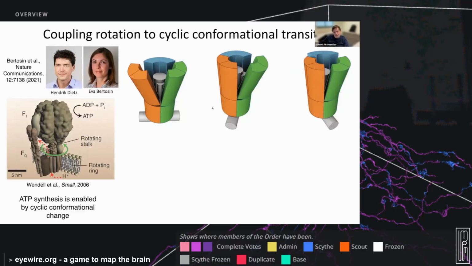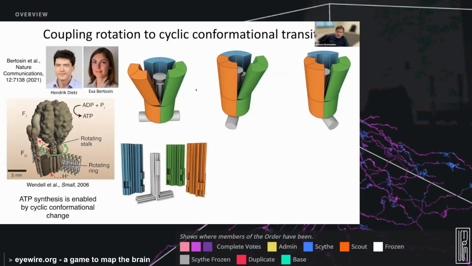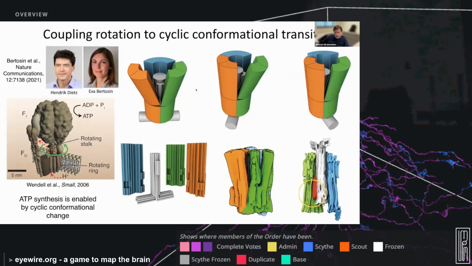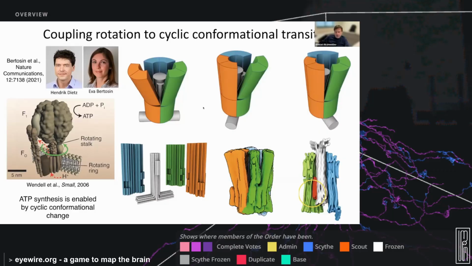The idea was that if we rotate the thing, then we will cyclically change the conformation in the structure of this origami. Actually making those systems was complicated, and Henrik is one of, if not the, expert in this, so it's really amazing what they can build with DNA origami technology.